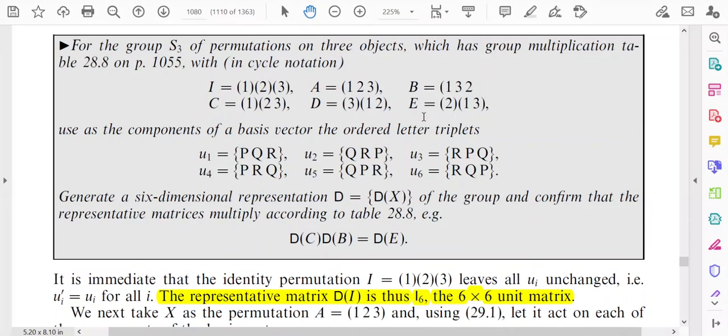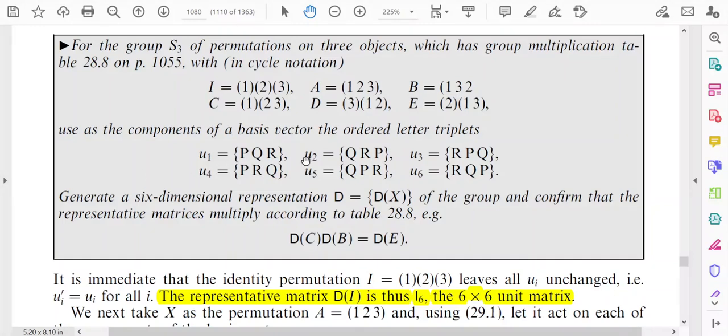So there are a total of 6 elements for this permutation group, and there should be some particular basis vectors, otherwise we cannot determine the representative matrix. The representative matrix can be calculated depending upon the type of basis vectors.